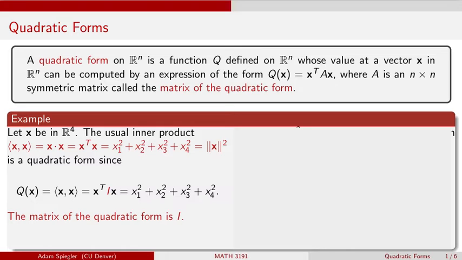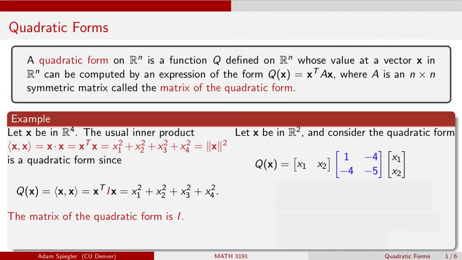And in this case, this is a quadratic form because I can write this function as x transpose times the identity matrix, so in this case the 4 by 4 identity matrix, times x. So in this case, the matrix of the quadratic form is the identity matrix. We get a very standard matrix for the quadratic form, the identity matrix, because we've chosen maybe the most natural sort of quadratic form on R4.